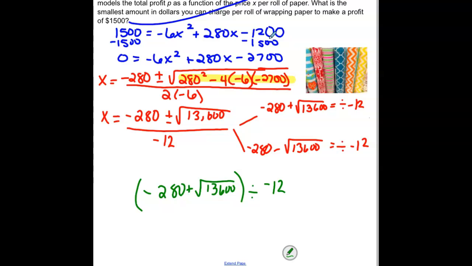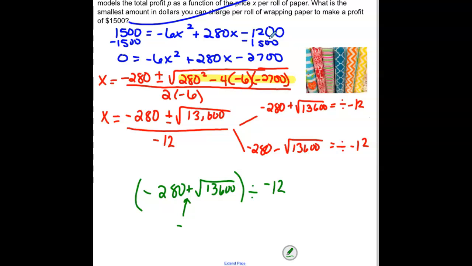The nice thing about typing it all in like that is you can go back and recall it if you have a graphing calculator and change this plus into a minus sign. And then hit enter again and it'll just give us the second answer. All right, so again, if you just have a basic calculator, negative 280 plus the square root of 13,600, hit equals, get a total, and then divide that by negative 12.